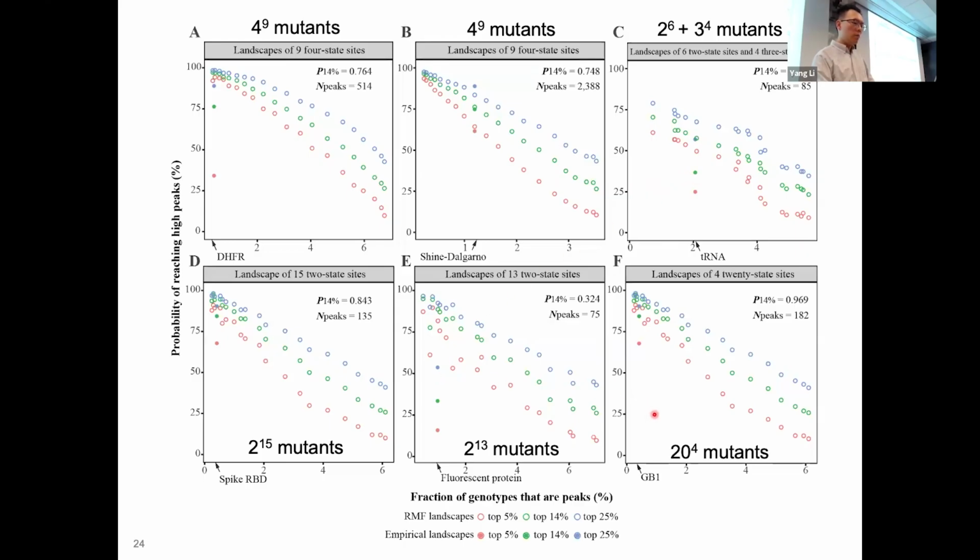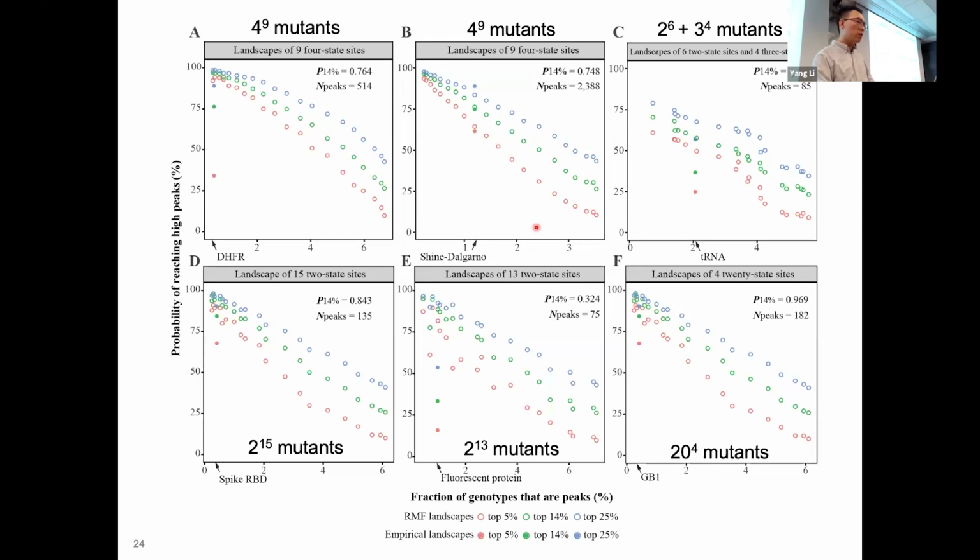And when we want to know why the protein landscape has over 90% probability, we found the landscape is so smooth, so a lot of the variants are attracted to the high peaks, so the probability is very high.